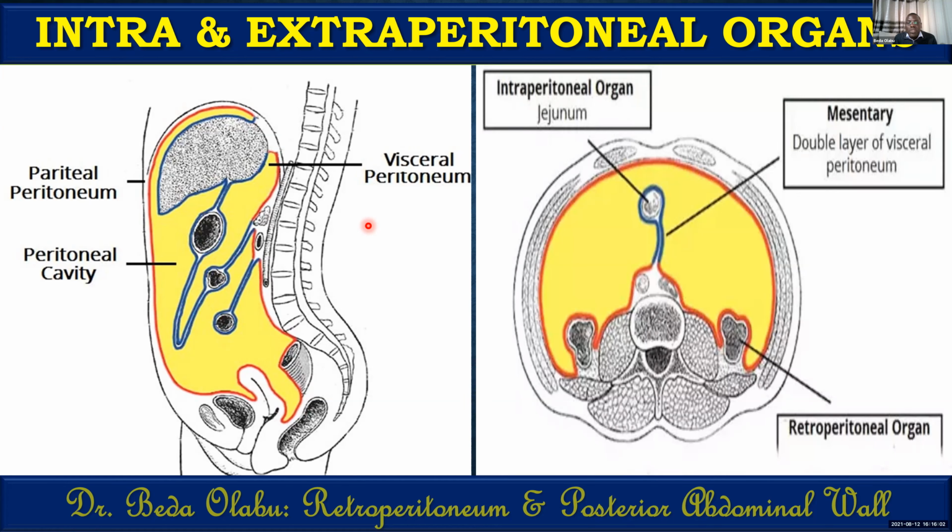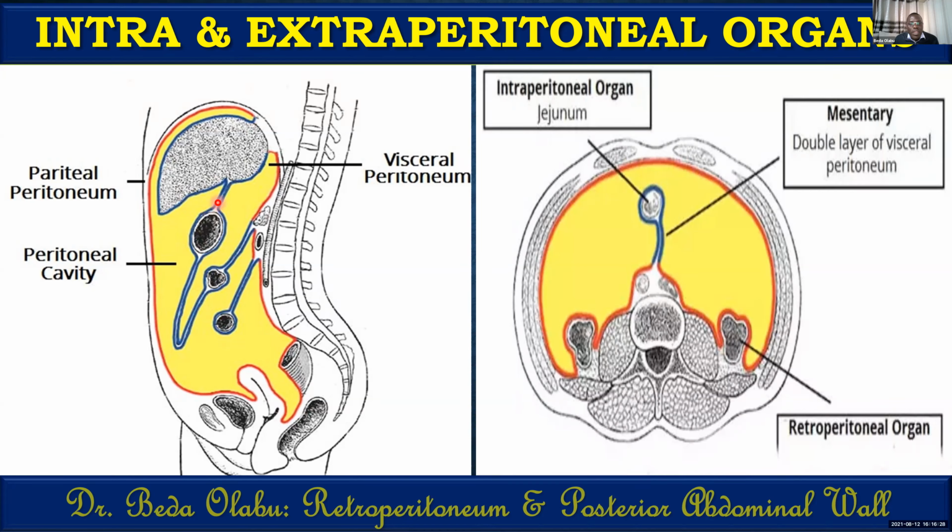And so in most cases, if an organ is lined by the visceral peritoneum, it will also have a layer of visceral peritoneum that suspends it, what we call the mesentery. So any organ that has a mesentery is definitely intraperitoneal.